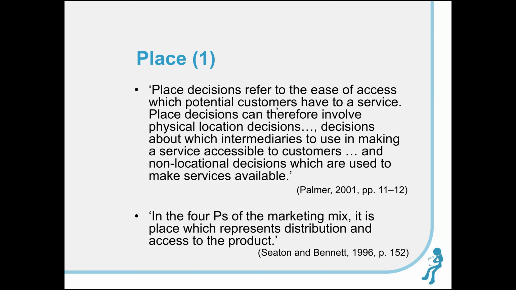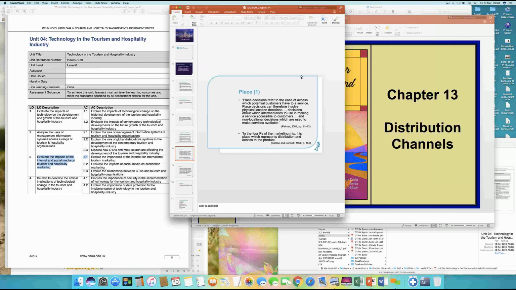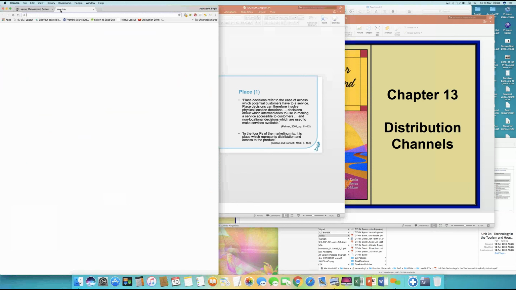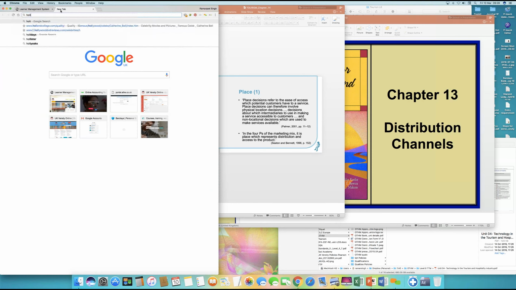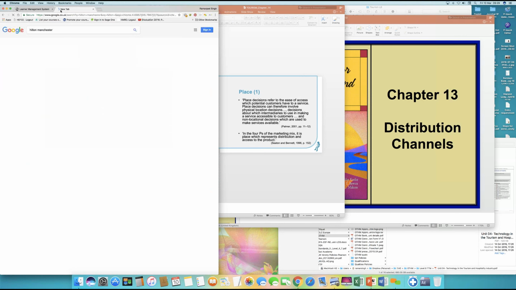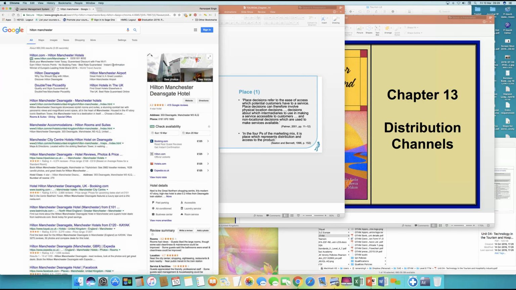Yes, I see. So what I'm trying to explain here is when we try and implement and understand the concept of the marketing mix, but look at technology. What has made it possible is, if you look at a few years back, most of the hotel chains, if I go to, for example, Hilton, used to promote their hotels through the use of brochures and catalogs and things like that.